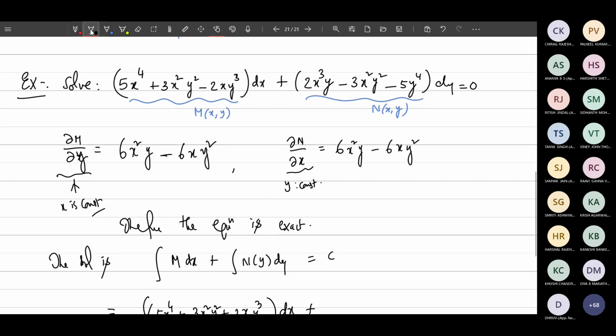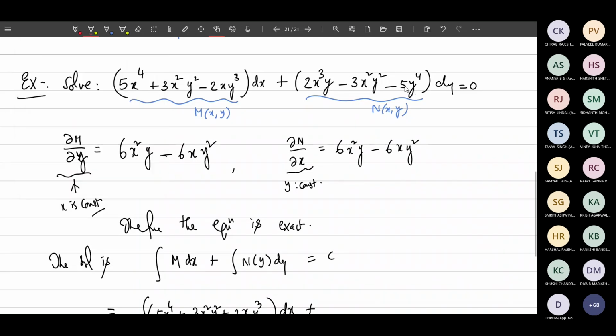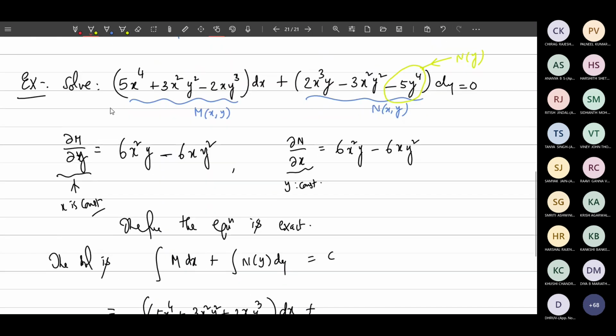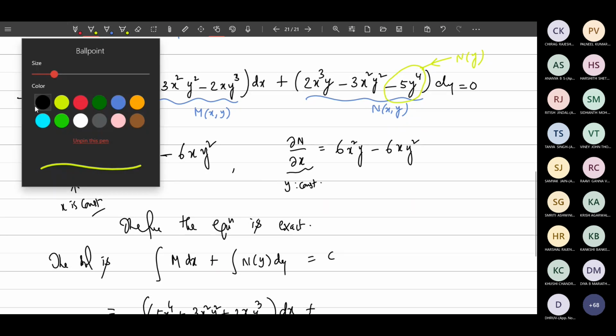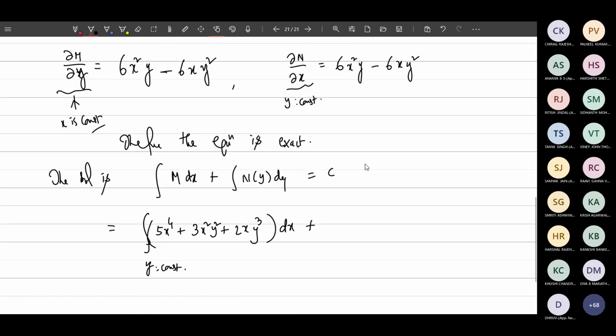So out of these terms, we have to select only the terms without x. That means only this term, minus 5y^4. So we write here the terms in N free of x, that means only 5y^4. Therefore the integral of minus 5y^4 dy equal to c.